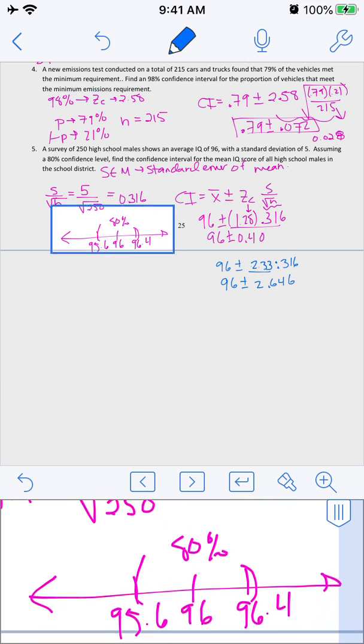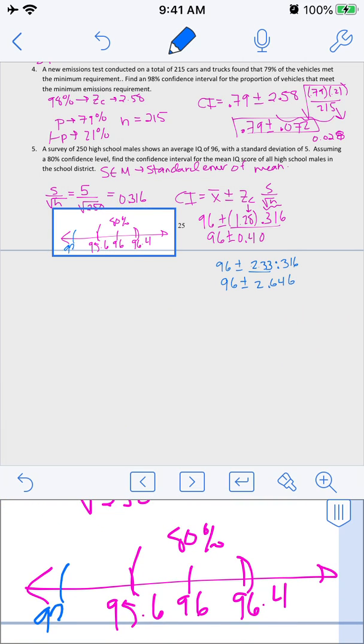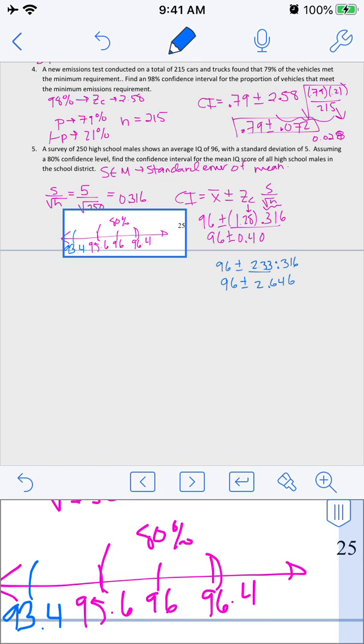Or in other words, from 93.4 to 98.6. Notice our interval just grew a lot, right?